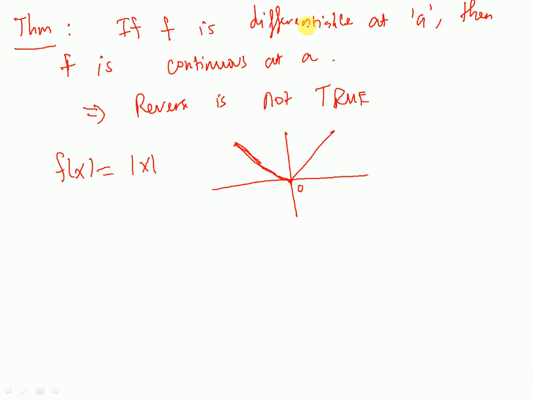So the question is that if f is differentiable, then f is continuous at a, right? How about if f is continuous at a? Does that mean that the function is differentiable? Remember, at this point 0, we cannot take the derivative, so f is not differentiable at a.